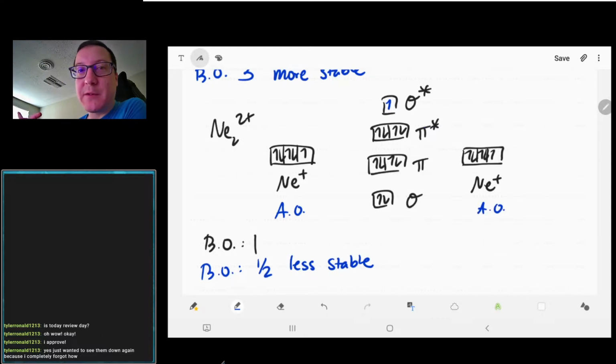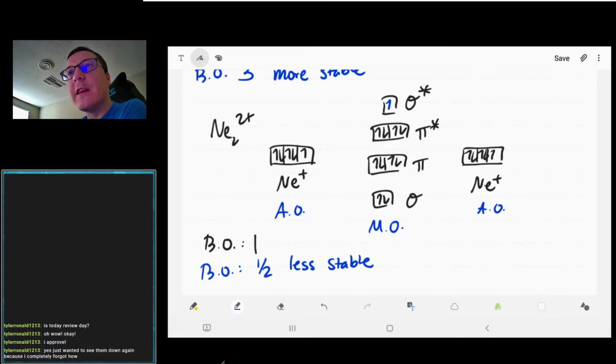Again, I've gotten rid of the 2p because we already know that past beryllium, I got rid of the 2s because we know that's already going to be completely full. So we're just looking at the valence molecular orbitals here. So again, you could have taken one of these electrons and had one neon be full and the other one 2+. Doesn't matter. We're still going to get 2+ overall here.